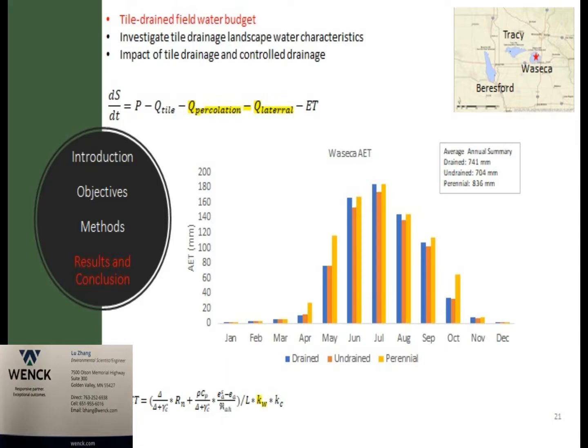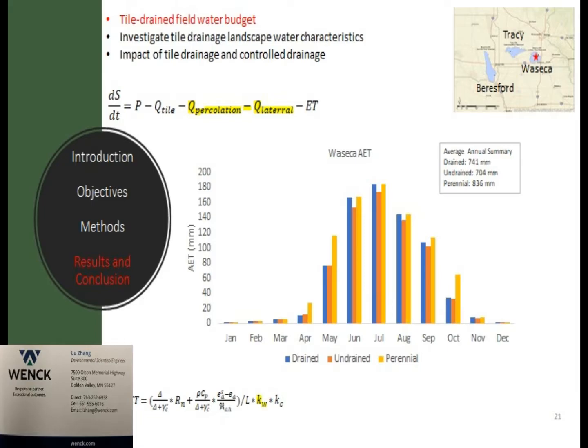This was collected in 2016 and 2017. The summary is the average annual total depth of evapotranspiration. The drained field is 741 millimeters, the undrained field is less, 704 millimeters, and perennial is 836. The perennial is expected.